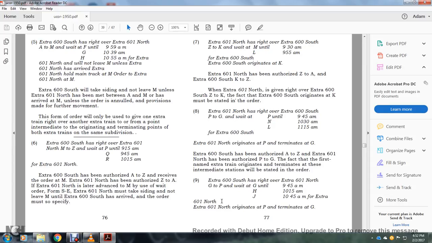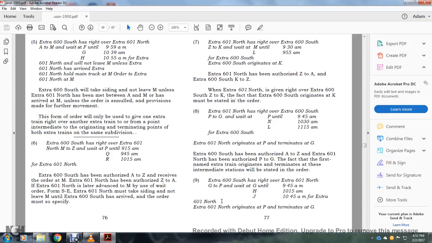Example 5: Extra 600 South has the right over extra 601 North, A to M. Wait at F until 9:59 a.m., G at 9:39 a.m. and H at 10:55 a.m. for the extra. 601 North will not leave M unless extra 601 North has arrived.